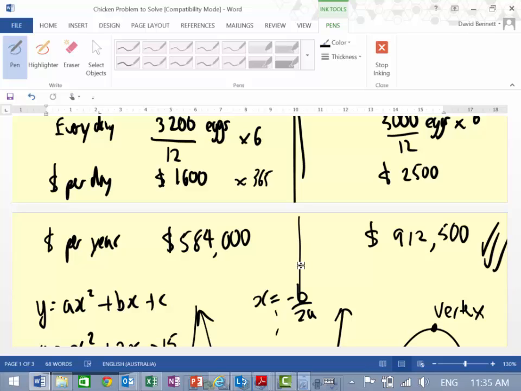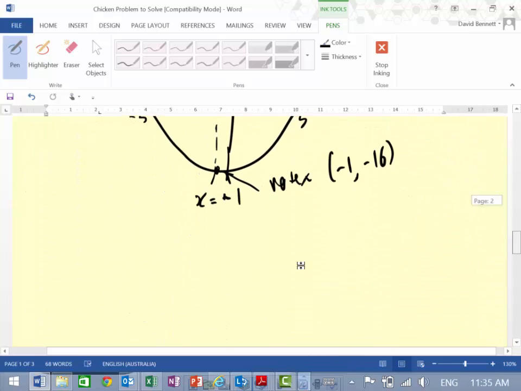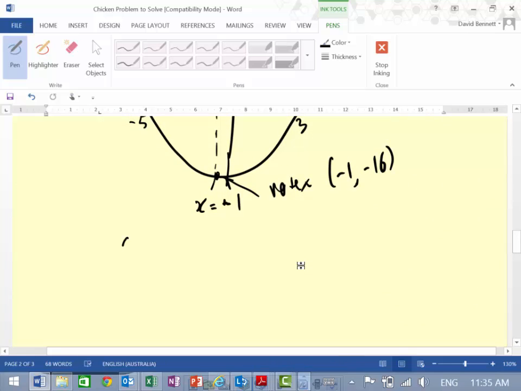Now, who is good at factorisation from last year? Not one person's put their hand up. You know what I mean by factorisation? Let me just show you. If I went x plus 2, x plus 3, if we FOIL that out, remember FOIL? You go x squared, plus 3x plus 2x plus 6.